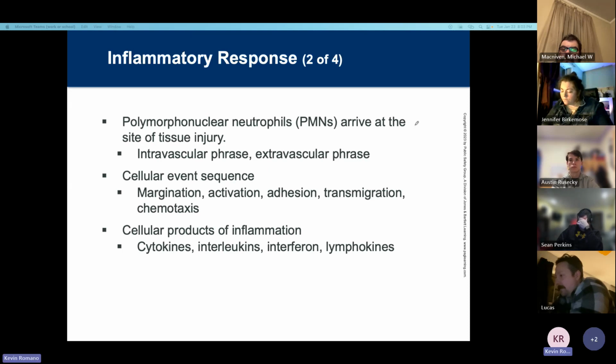The extravascular phase is where the leukocytes travel outside the blood vessels into the site of inflammation and kill organisms, right? And the cellular event sequence is margination, activation, and adhesion, transmigration, and then chemotaxis.